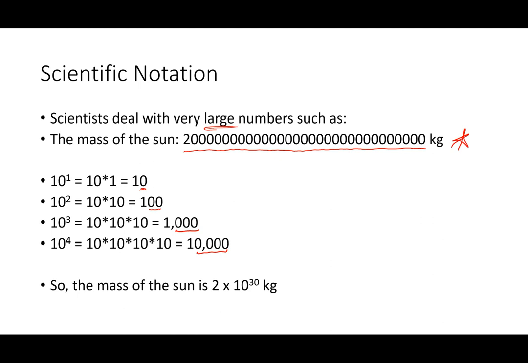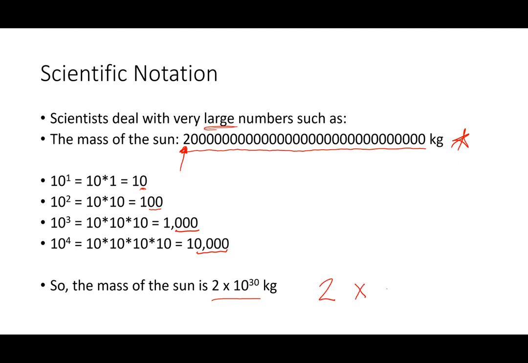Okay, so this number up here, the mass of the sun in kilograms, would actually just be written this way: 2 times 10 to the 30th kilograms. Okay, so we have this 2 here. That is an important number to keep. So we have 2, and then we need to add the zeros.